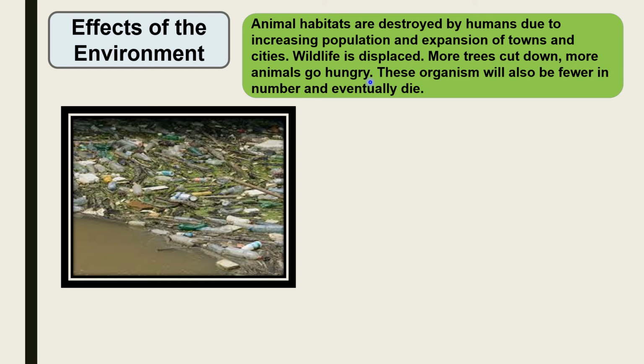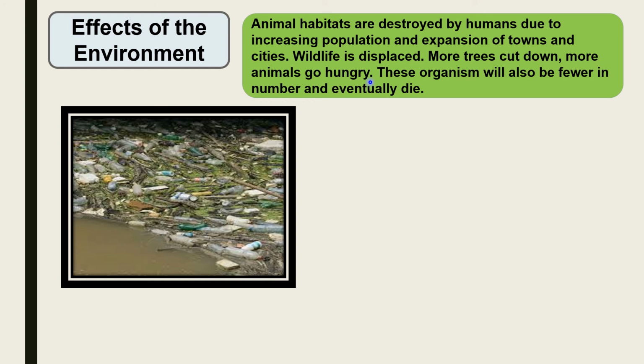Why? Because the trees are cut down, more animals go hungry, and they need to hunt for food. If they don't have a home or shelter like the tropical forest, they need to find another place, such as the city. They look for food because there is nothing they can hunt in the forest.